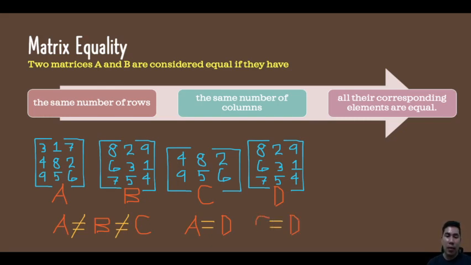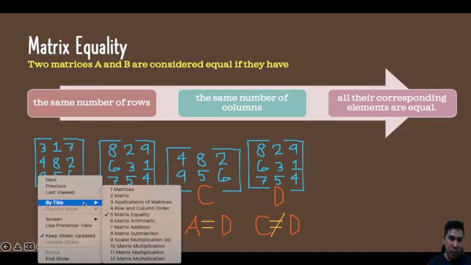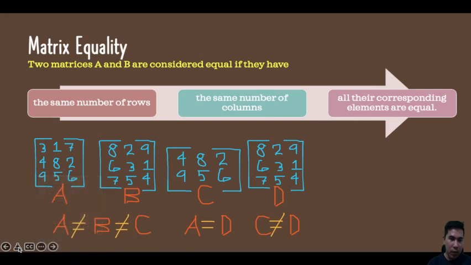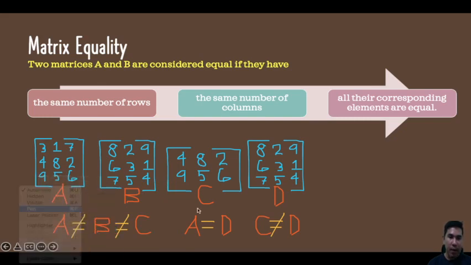And obviously, let's say for instance we are going to compare A and D. And then, oops, sorry. So C and D are not equal, while A and D are not equal. So wait for a while. They are not equal. So these are not equal. Not equal.